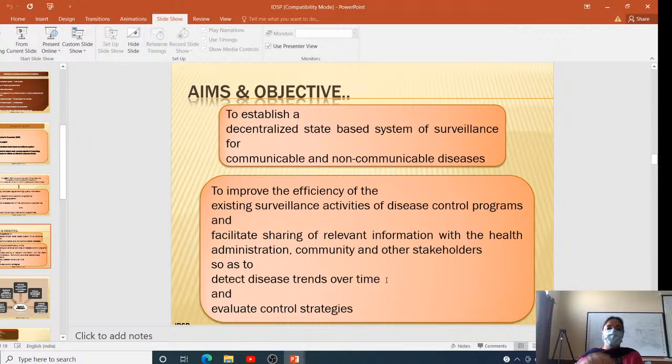So it was not only to generate information and keep it to themselves. The first objective was to detect the trends of the disease, and finally to evaluate what is happening with the control measures for that particular disease.